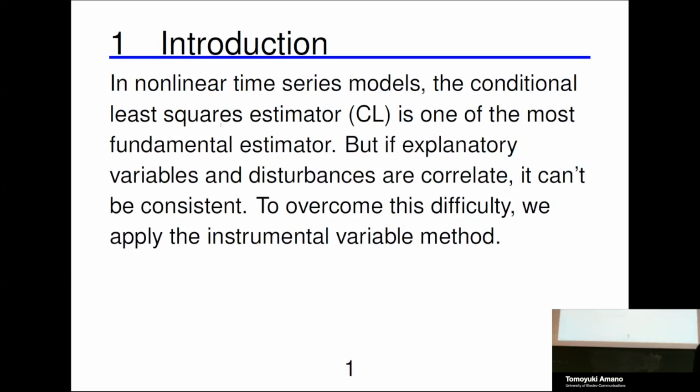In nonlinear time series models, the conditional least squares estimator, for short I call this estimator CLS, is one of the fundamental estimators. But if the explanatory variables, that is past variables, and the disturbance are correlated, it can't be consistent. To treat this problem, we apply the instrumental variable to CLS.